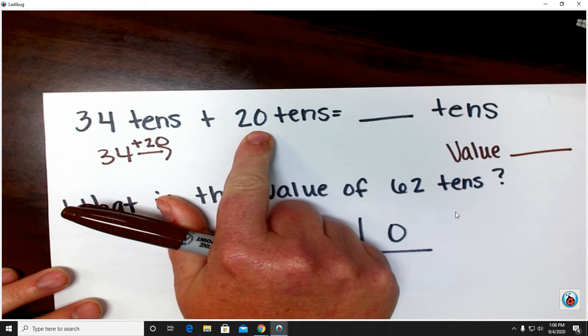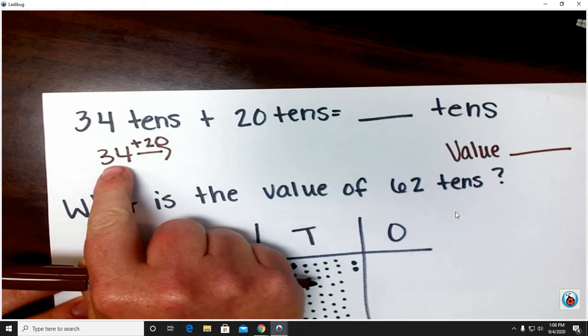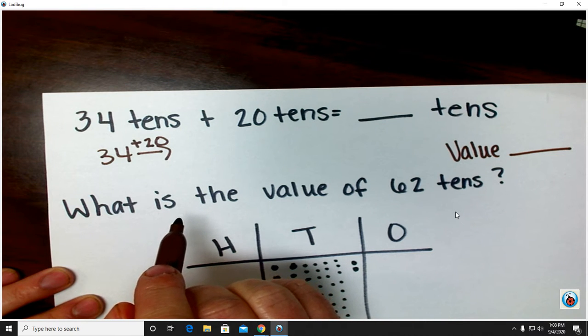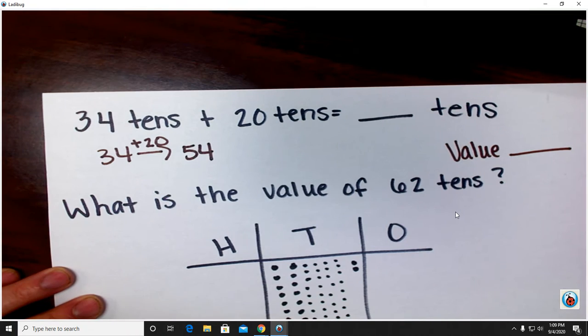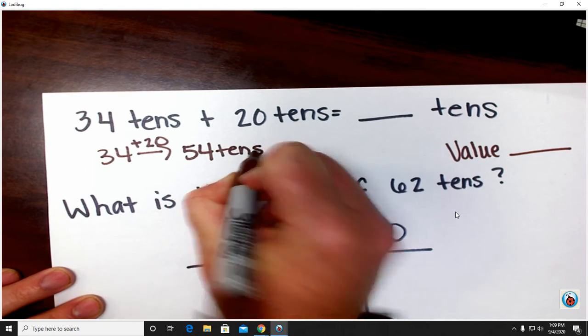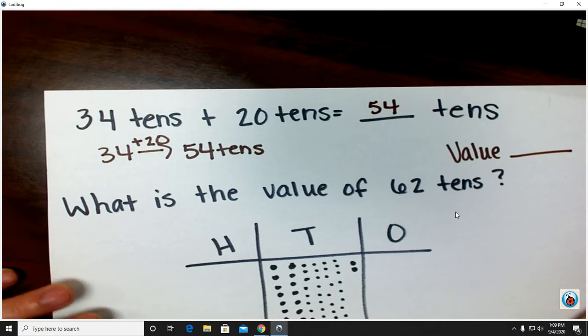Now you could have done plus 10 and plus 10. That's fine too. Okay, I'm just doing 34 plus 20. But if you needed to break down the tens, that's okay. So I know that I have 54 tens. So I know that my answer is 54 tens.